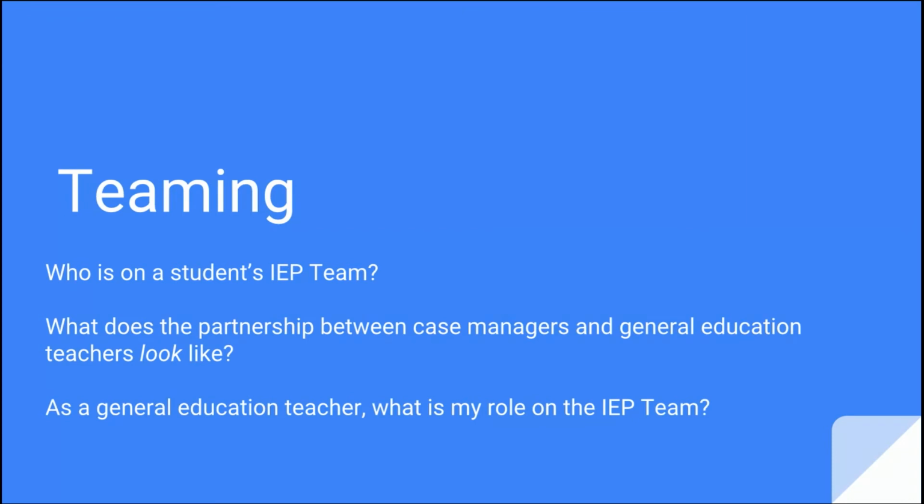Some common questions about teaming for students with IEPs include: who is on a student's IEP team? What does the partnership between case managers and general education teachers look like? And, as a general education teacher, what is my role on the IEP team?